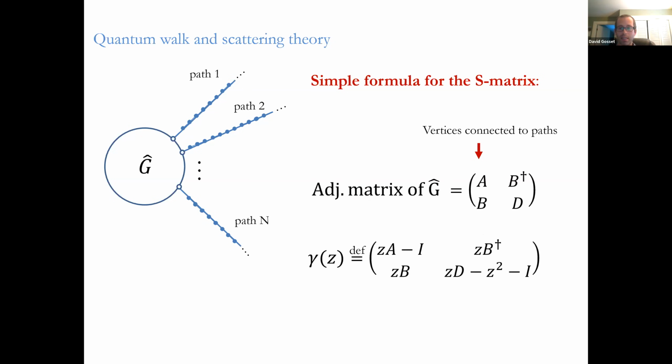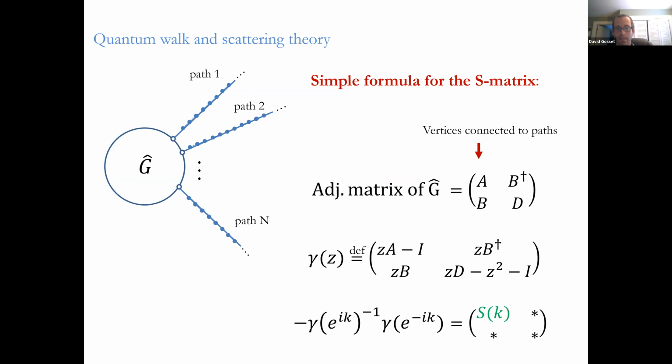Then it's convenient to define a matrix function gamma of Z. Here Z is a complex number, and it has the following form. It's again a block matrix with blocks of the same size as in the previous line, but now, instead of A, B dagger, B, and D, we have this deformed thing with Z's appearing. The prescription for computing the S matrix in this general scenario is the following.